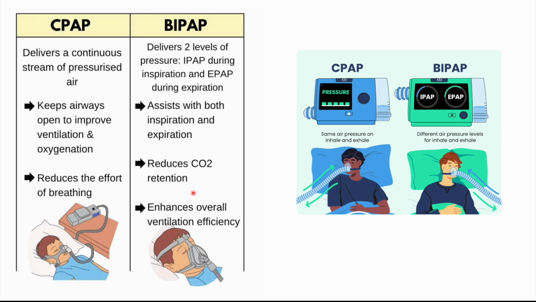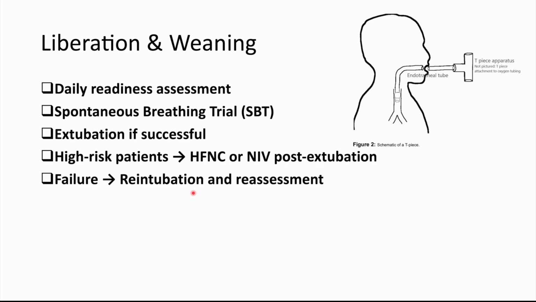So we should also think about the weaning. Weaning is the process of transitioning from mechanical support to spontaneous breathing. We can't directly remove the ventilatory system, as it will cause a relapse of the patient.